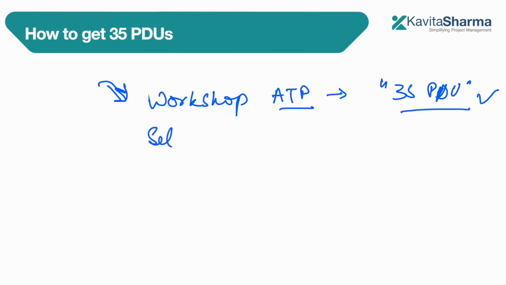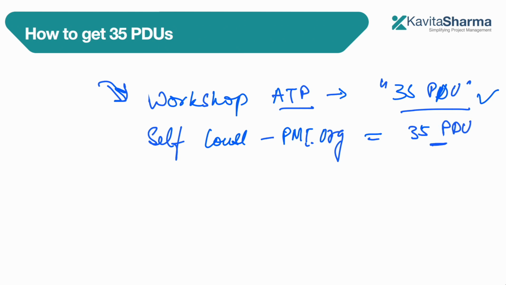The other option is self-study courses available at pmi.org. You can buy that and you get a 35 PDU certificate because PMI knows that you have done this self-study course through PMI. This is also valid, and this would not be audited.